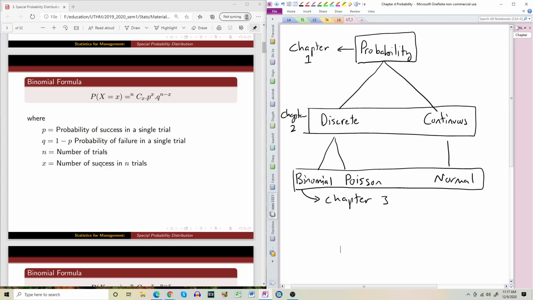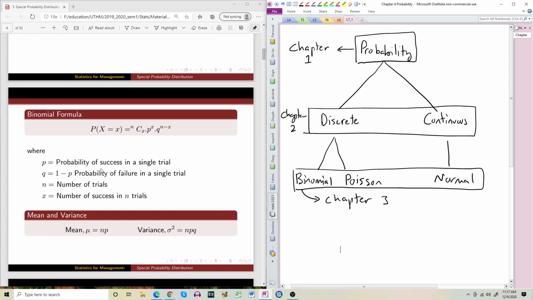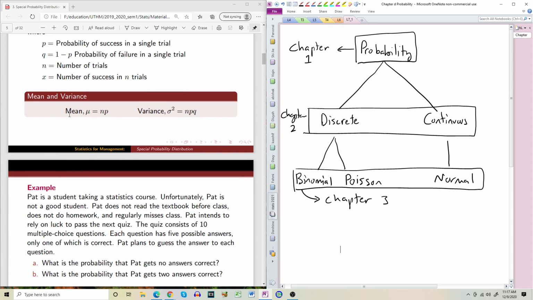Okay, so let us see one example. This is the formula for that. Some of you have gone through this. You can see the formula here. And remember, in discrete we find the mean and variance. For binomial distribution there's a special formula. You don't need to go through finding E(X), the mean, by multiplying each value with its probability each time.